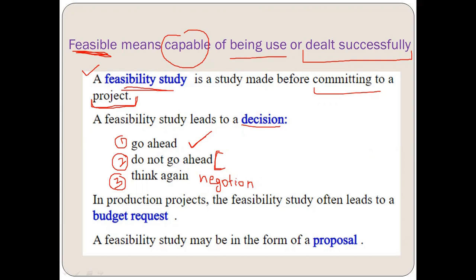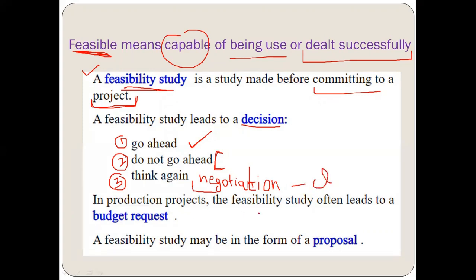So negotiation can be done in the third option, right? So this will give you the final decision whether to go ahead, whether to commit to this project, or not commit, or whether certain negotiations are to be done with the client, right?